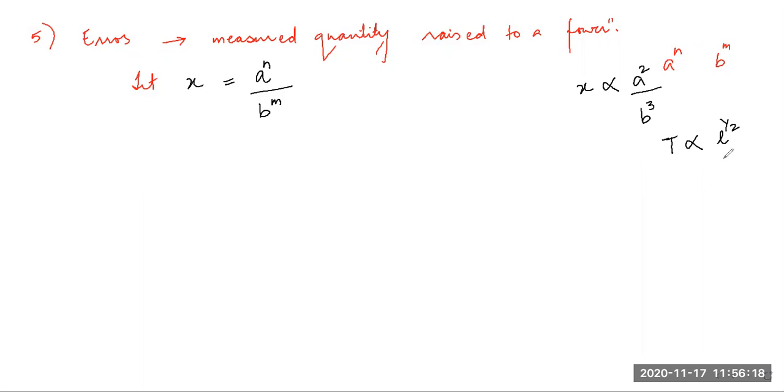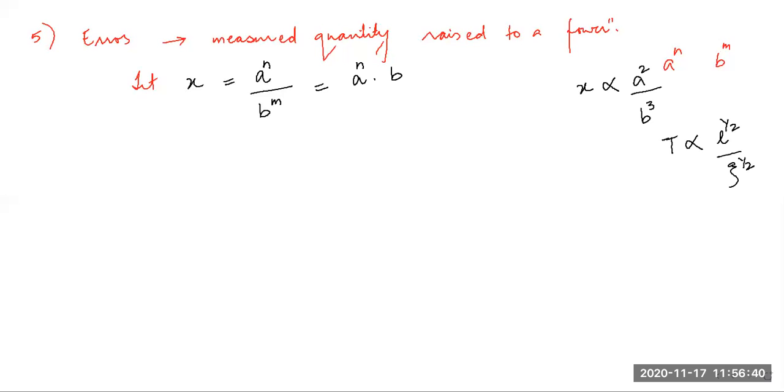So here it is again 1 by 2, right? Similarly, I'm taking X equal to A raised to power n divided by B raised to power m. So students, can I write it, Ishma, as A raised to power n into B raised to power? Yes, Jasmine, can you tell me?